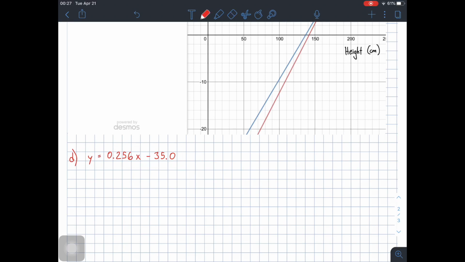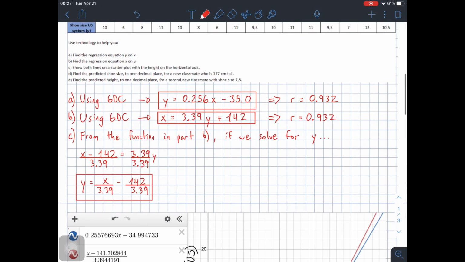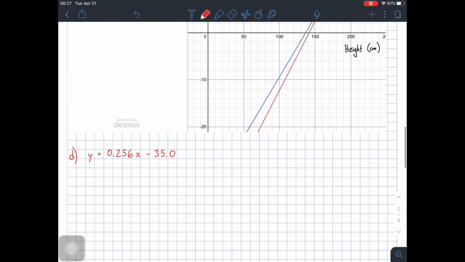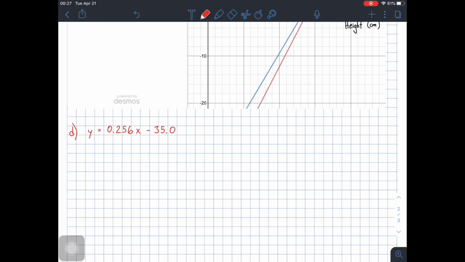So if we want to predict the shoe size of someone who is 177 centimeters tall, we would just plug in the value of 177 into the x value. And this would be 0.256 times 177 minus 35.0.